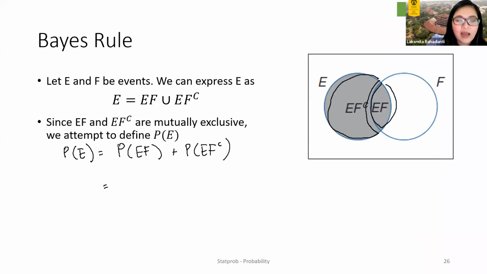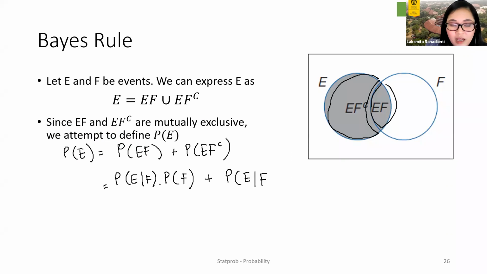So now when I'm defining EF, E and F, I could define it as P(E given F) times P(F). And I also can define P(E given F complement) times P(F complement).